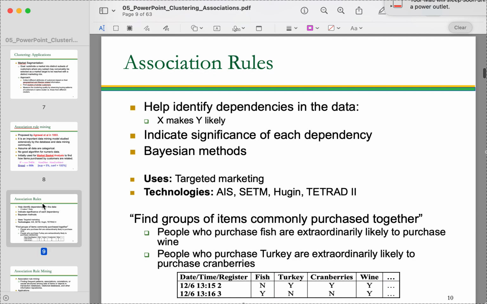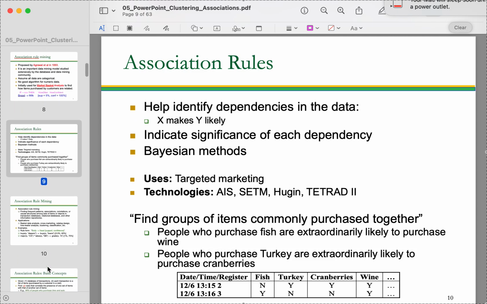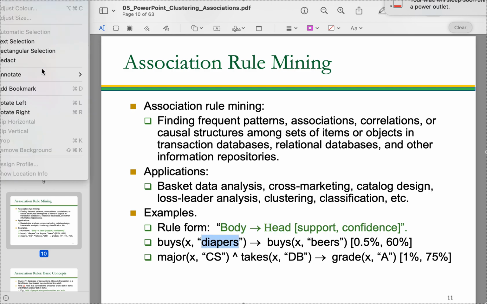This is also used in large e-commerce websites such as Amazon. Let's say we go to Amazon and we buy diapers.